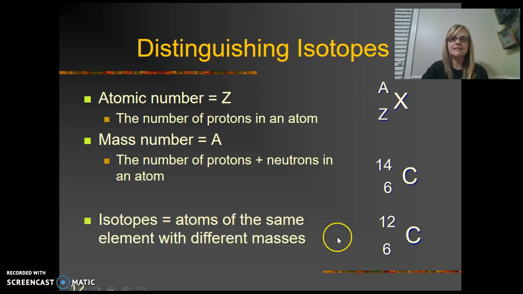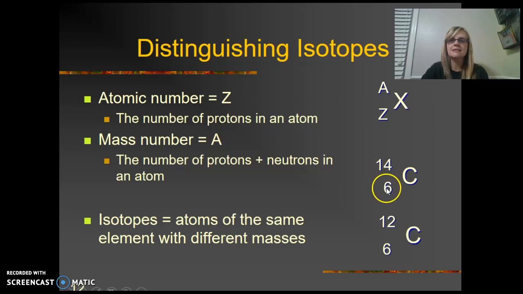So, isotopes are atoms of the same element with different masses. So here's my example. I have carbon. If I look at the atomic number on the periodic table, carbon has 6 protons. And then I look at my mass number to figure out neutrons. So we name this isotope based on mass. So this is carbon 14. That's the name of this isotope.